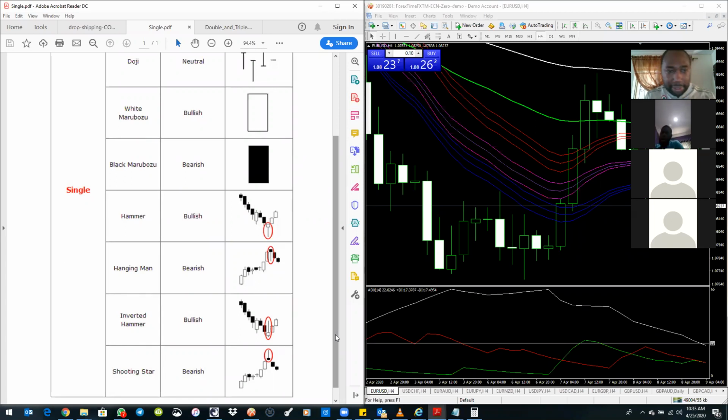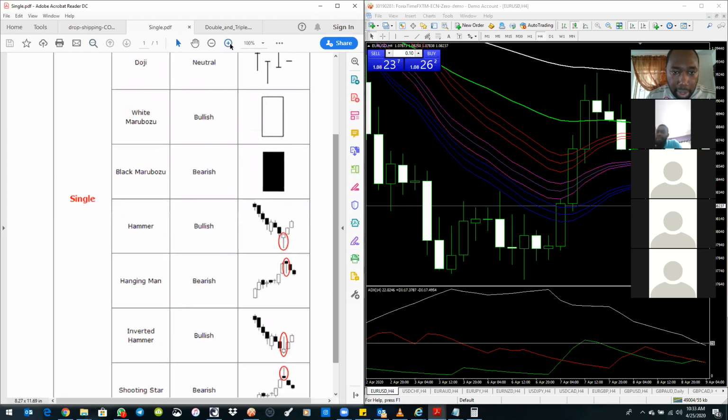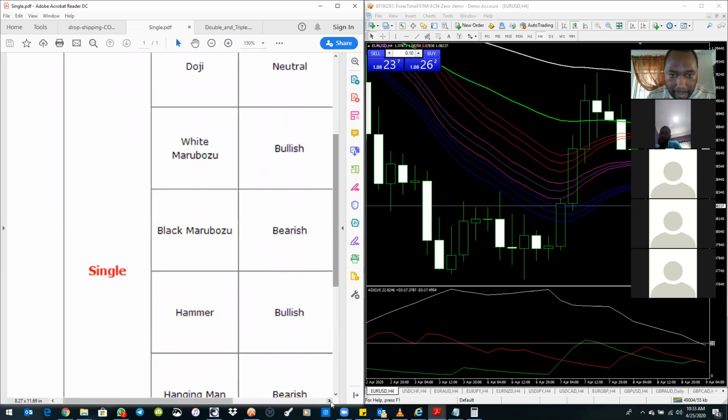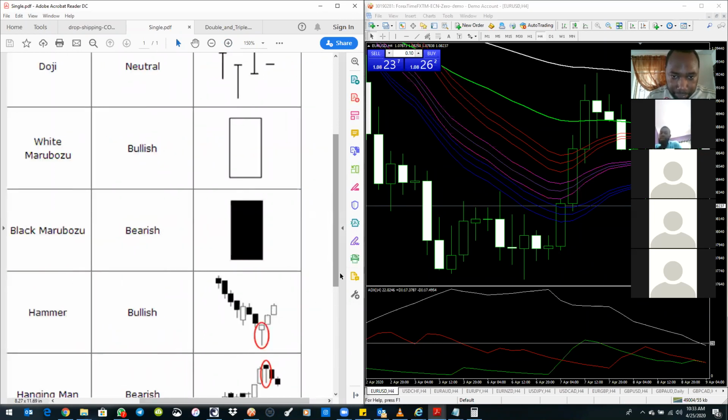Like I told you, some people call it the hammer, some people call it the doji. Now the hammer occurs, let me zoom it in so that you guys can see it well. Although all this information is available in the group, so you can go and look at it better.